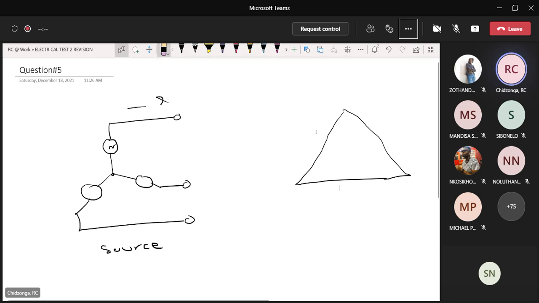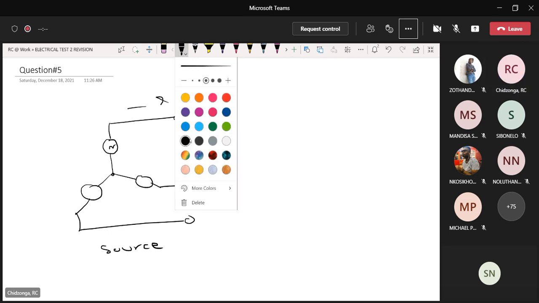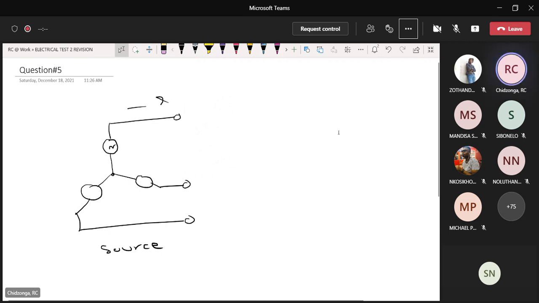You can do it with that star, that circle. And then we can draw the impedances.